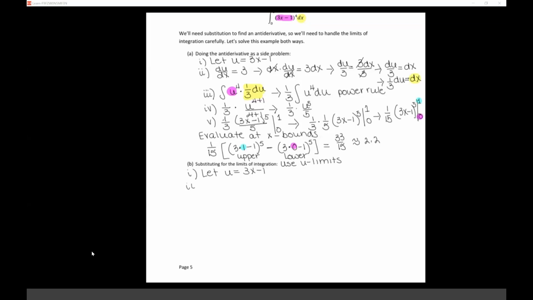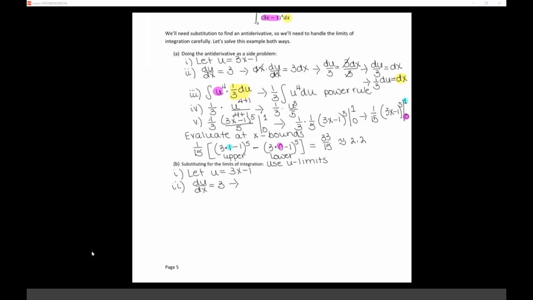I have to figure out what du dx is. I'm going to do that exactly the same way. That gives me a 3. I just want dx, I don't want 3, so I'm going to multiply both sides by dx. This is exactly the same as what we did before. So I have du equals 3 dx.